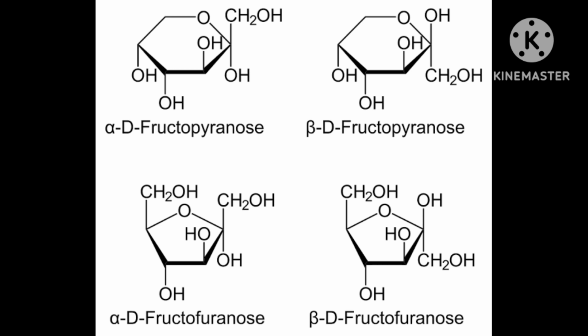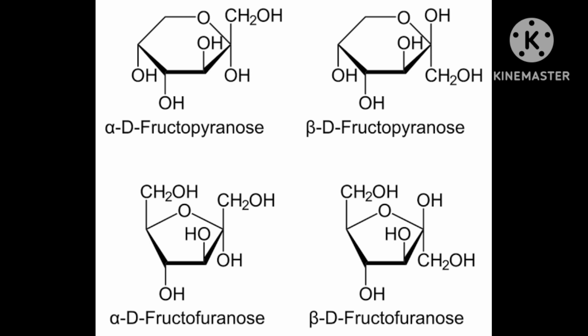That's why in the case of alpha both CH2OH are outside and in parallel. Here also both are outside, but they are opposite in direction. The CH2OH attached at the 5th carbon is upside, and with carbon number 2, the CH2OH is down and OH is upside, the reverse of the alpha fructofuranose structure.